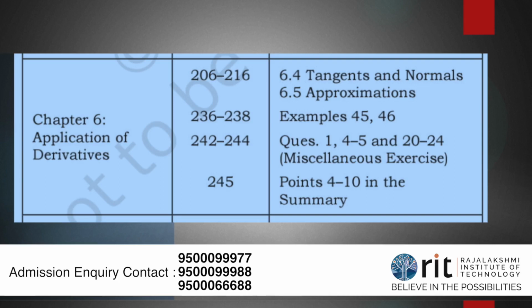What does it mean? That the rest question is to be prepared. Page number 245, the summary point 4 to 10 will not be asked in the examination. Clear? So the first book is over.